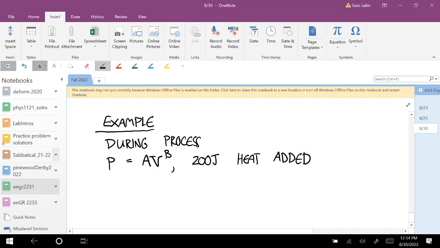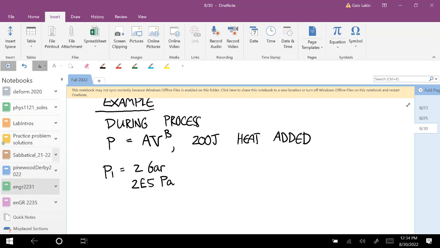And let's say that we start out at a pressure of P1 is 2 bar, or in other words, 2 times 10 to the 5th pascals, and volume 1 is 0.3 cubic meters.